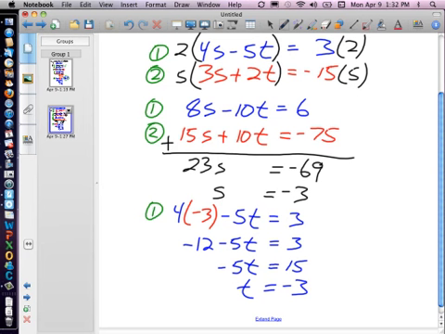And what we think our ordered pair answer is, let's write it up here in green, we'll call it ST. So -3 comma -3. And let's try it out. So in equation 1, we have -12 plus 15 equals 3. That works.